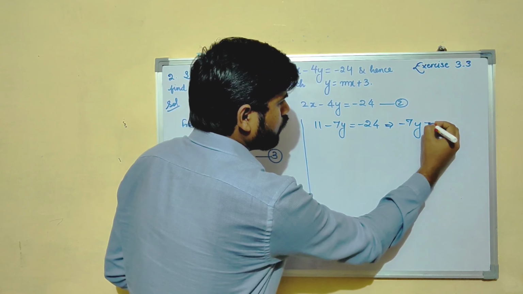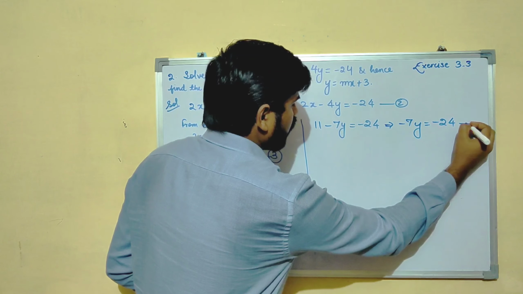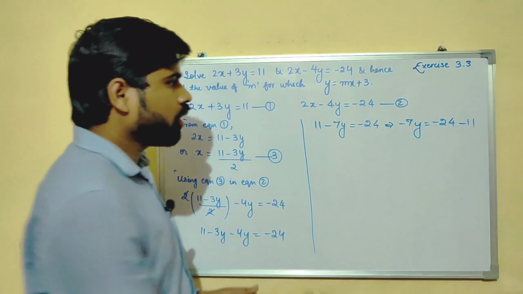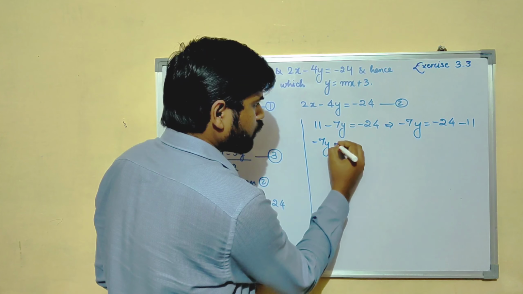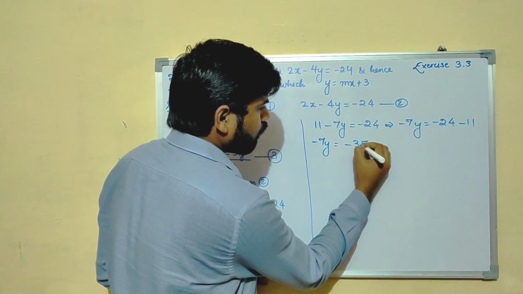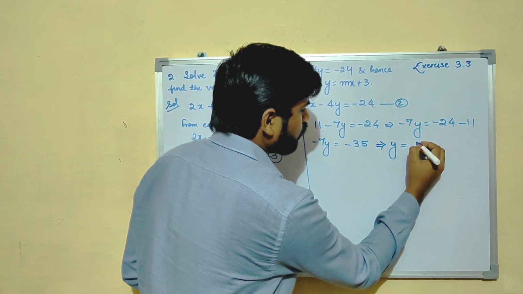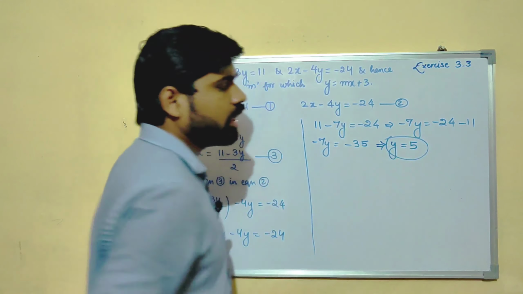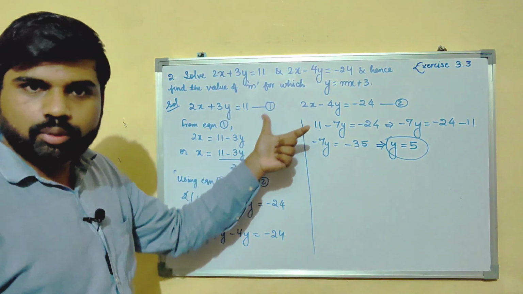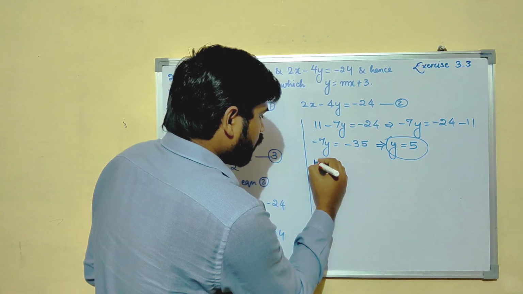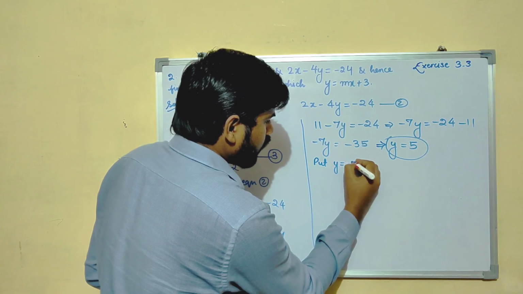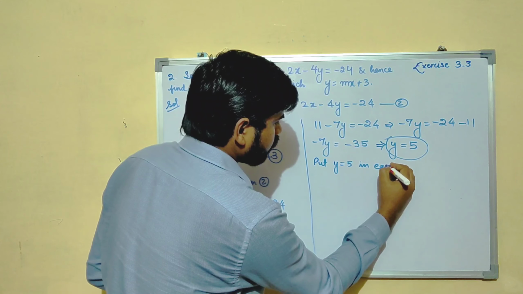On simplifying, you will get minus 7y equals to minus 24 minus 11. Minus 7y equals to minus 35. You will get the value of y as 5, right? Now put this value of y in any of the equations. Put y equals to 5 in equation.